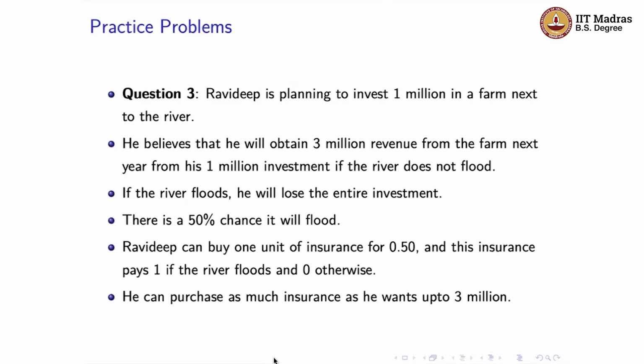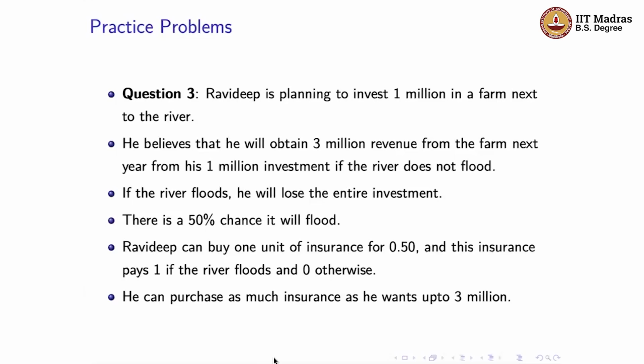So this is a common occurrence potentially if you are next to a river, because the land may be fertile, but if you have flooding, then that may lead to a lot of damages, right? So there's a 50% chance it will flood, and Ravideep can also buy insurance.